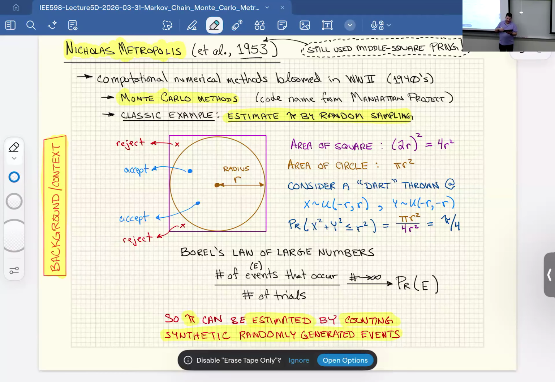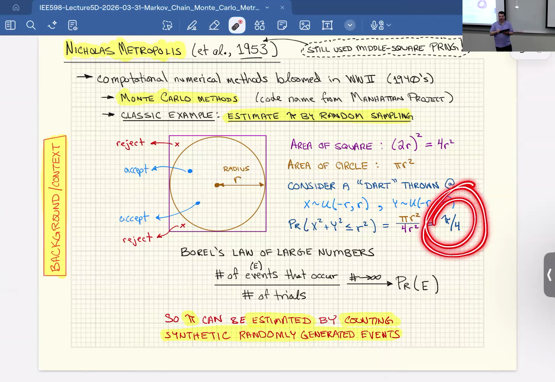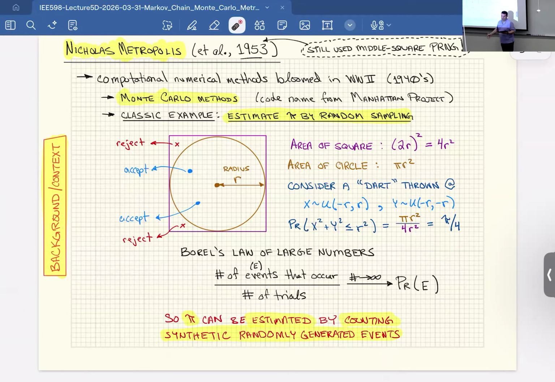That means I can estimate pi just by counting: I draw an X, I draw a Y, and I see, did that fall inside the circle? Yes, no. I figure out how many yeses I got, divided by how many total tries, and that will be an estimate of pi over 4. If I multiply that by 4, that'll be an estimate of pi. So that's one of the many ways.